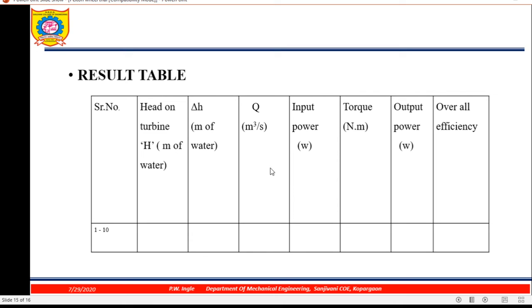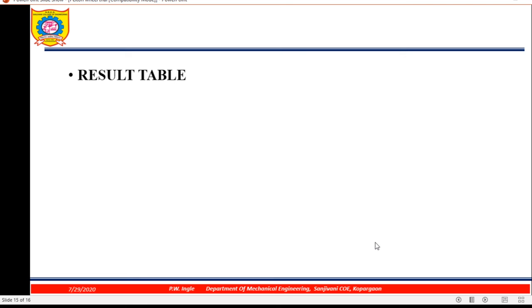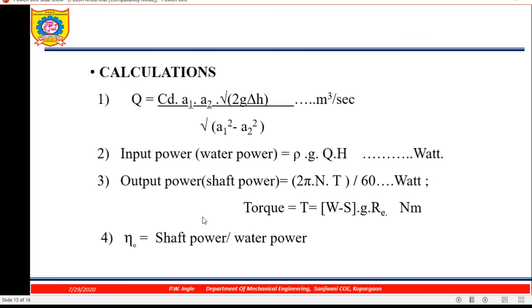Then calculate Q. Then input power, rho g QH, and torque. How to calculate torque? Torque is T equal to W minus S, that is weight minus spring balance reading, into G into equivalent radius. G is 9.81. This weight is in kg, so to convert it into Newton meter you multiply that kg by G and then the equivalent radius.